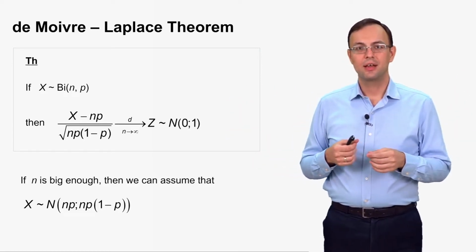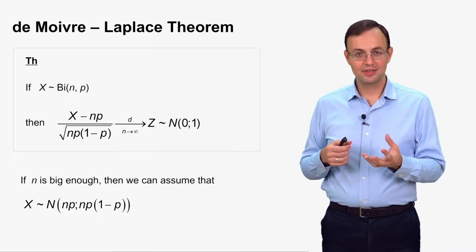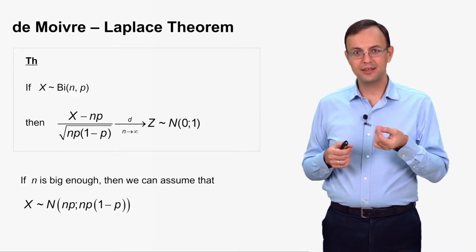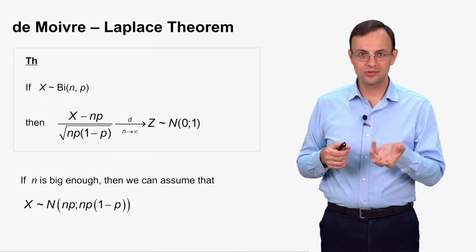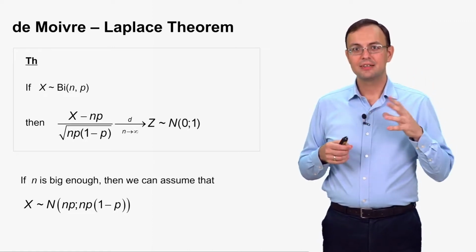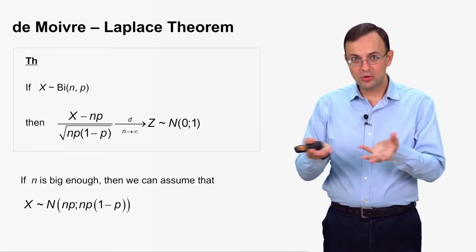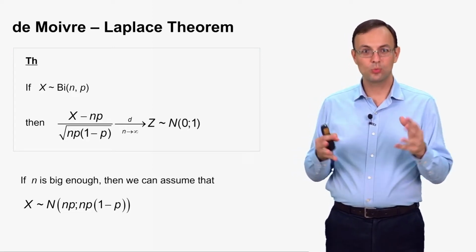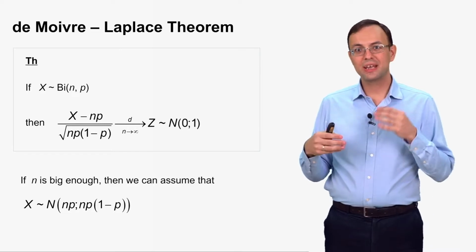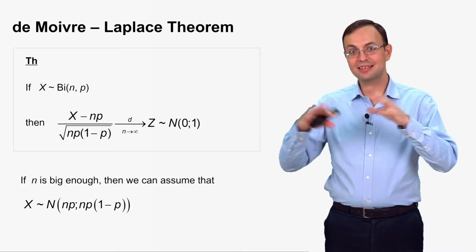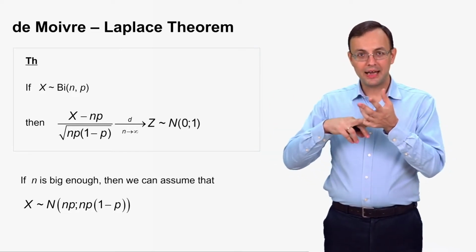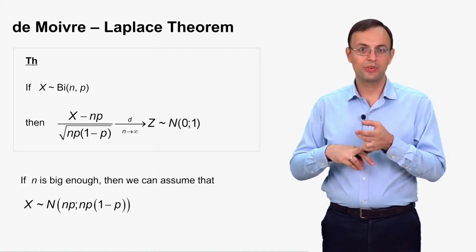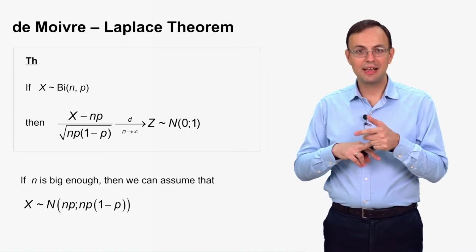As X is the number of successes, and each Xi is equal to 1 if there is a success and equal to 0 if there is a failure, when we add all the Xi's, we get the number of successes. So we'll get X. So we can consider X as a sum of identically distributed independent random variables with finite expected values and variances.